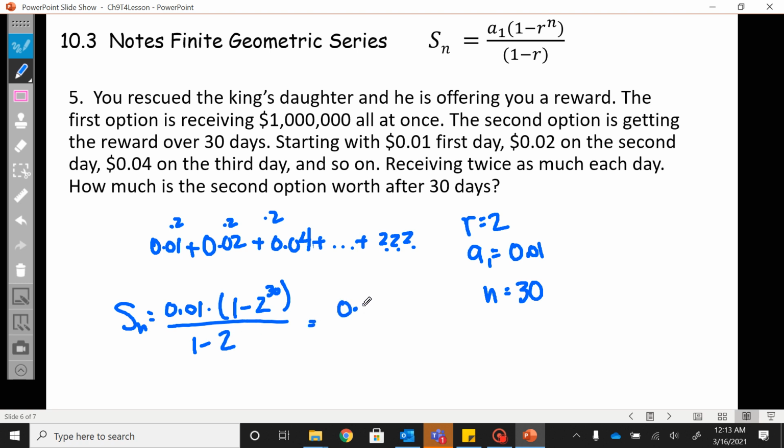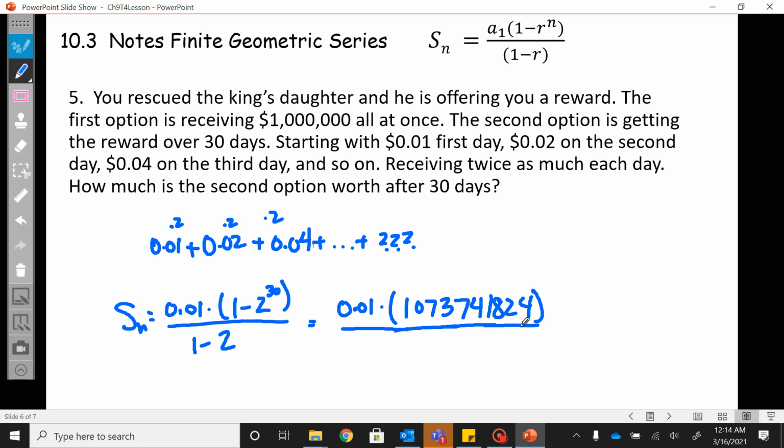Doing some math, we have 0.01 times... let's see what 2 to the 30 is. It's a very large number: 1,073,741,824.